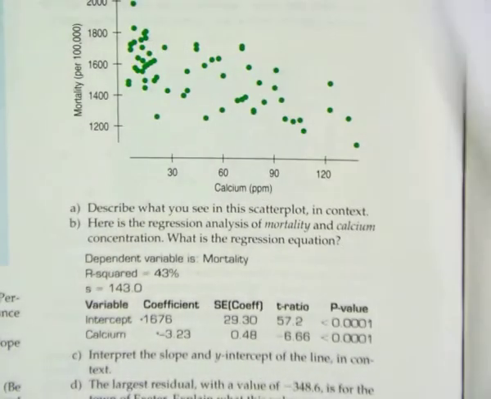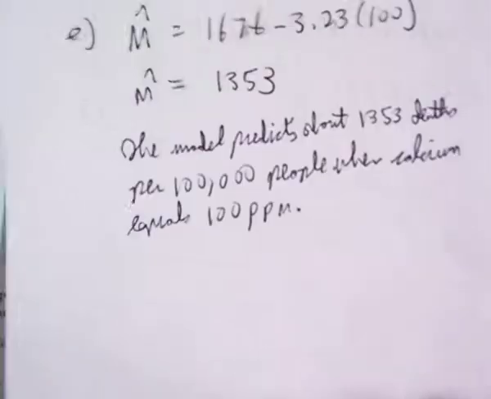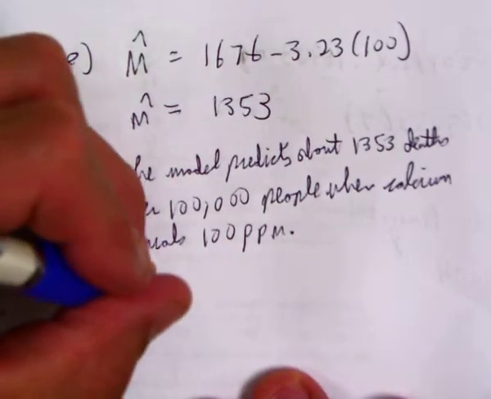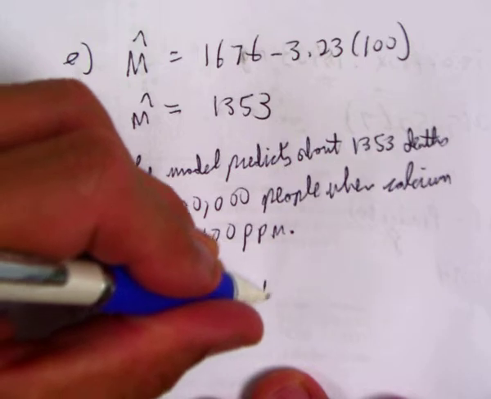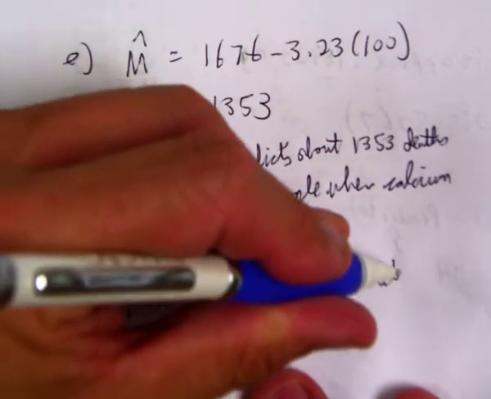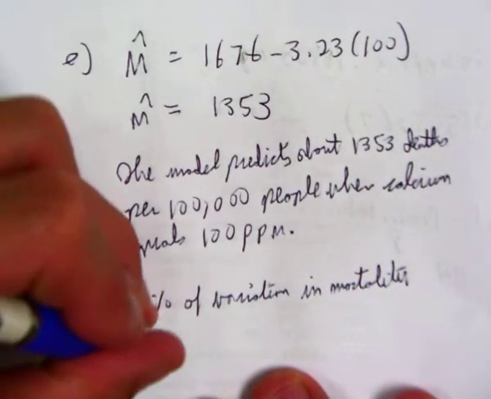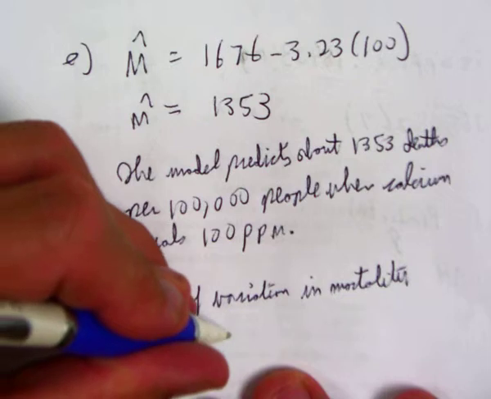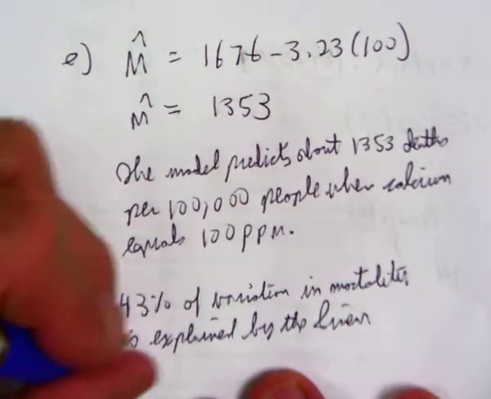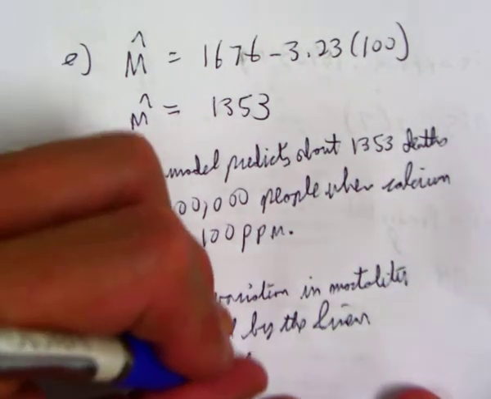Okay, now what is R squared? It's 43%. What's R squared all about? Variation. So 43% of the variation in mortality is explained by the linear relationship with calcium.